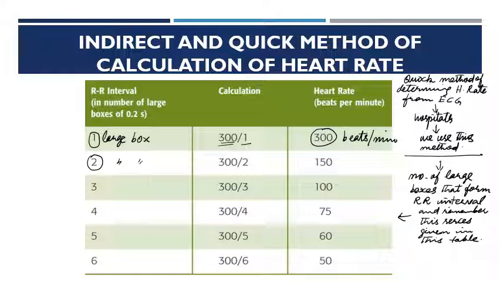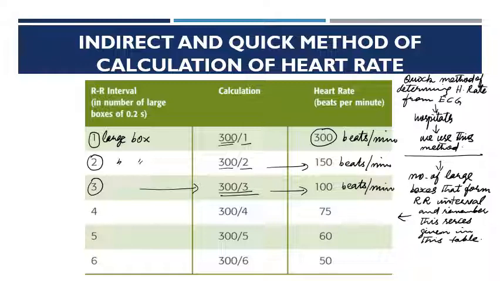If there are two large boxes, then divide 300 by 2 and the calculated heart rate will be 150 beats per minute. If there are three large boxes, then divide 300 by 3 and the heart rate calculated will be 100 beats per minute.